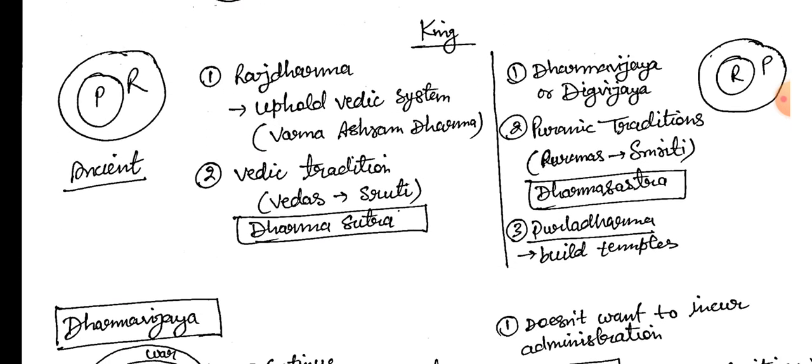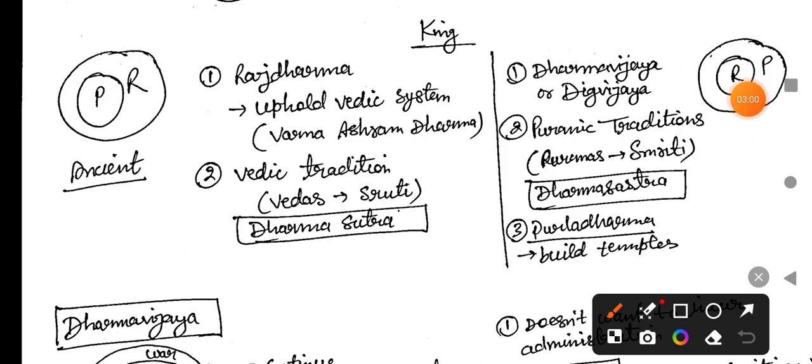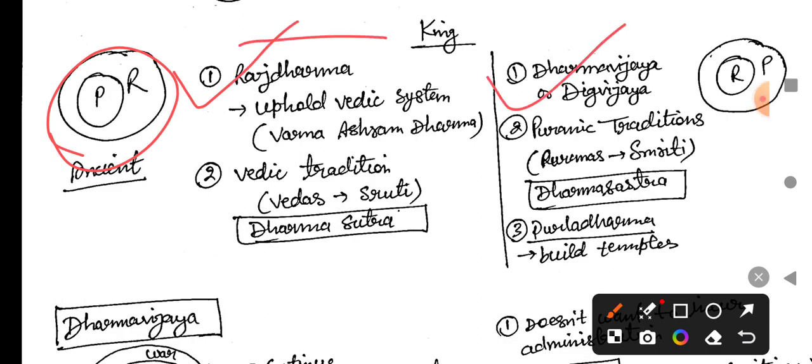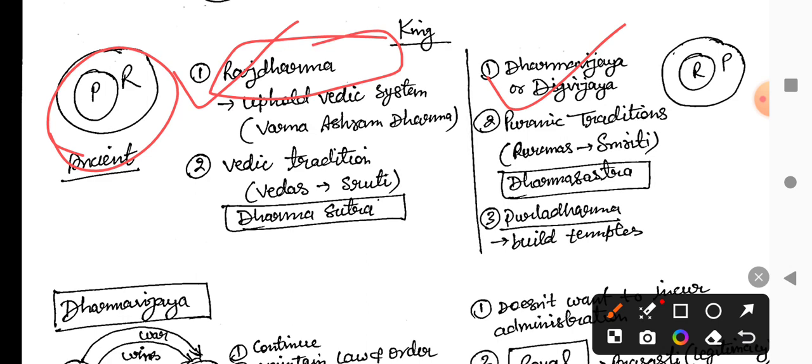Also we will discuss the ancient period, when religion was dominating over politics. There were two systems of society, in the early ancient period and in the later ancient period. In the early ancient period, there was Raj Dharma.